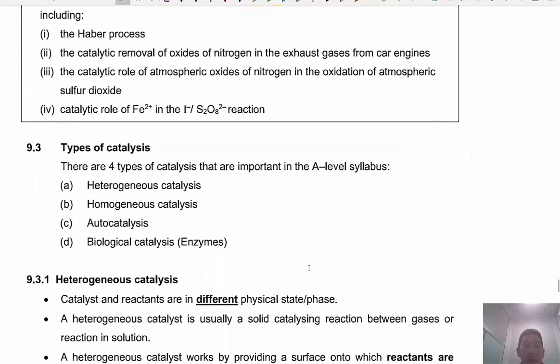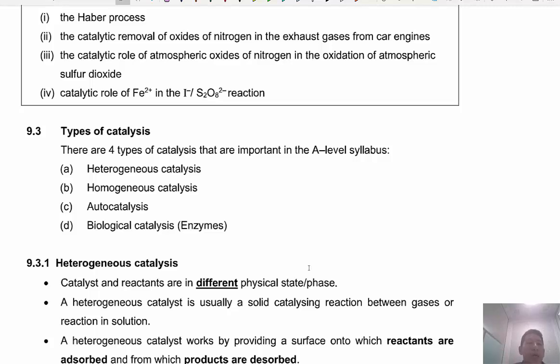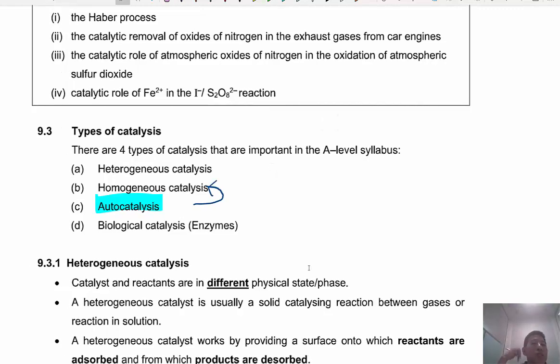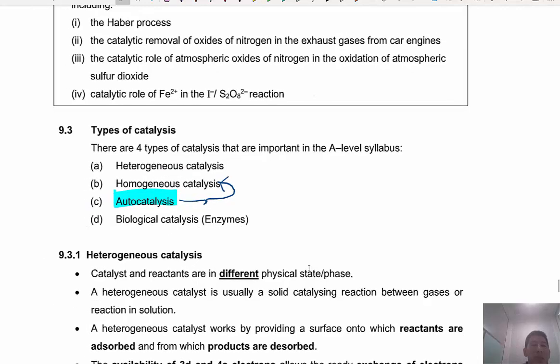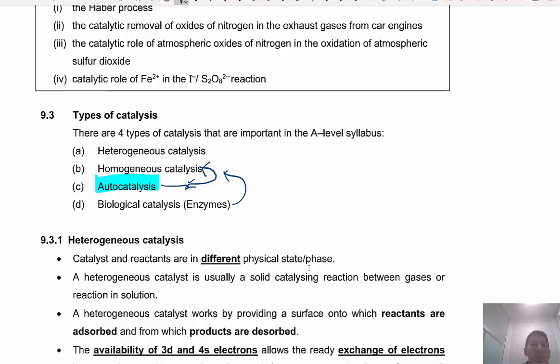Then, in addition to homogeneous and heterogeneous, there are two more specific types: autocatalysis, which is generally a subset of homogeneous, and biological catalysis, which is again a subset of homogeneous catalysis.